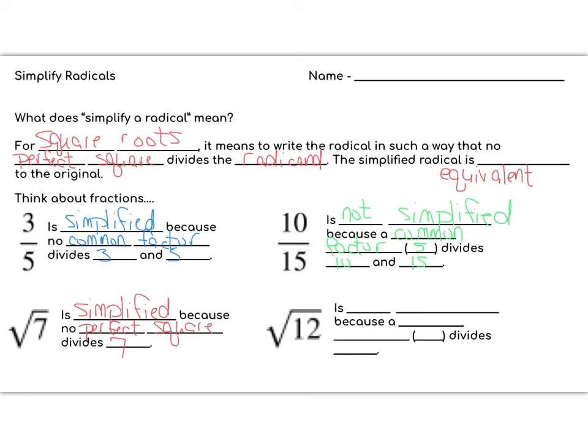But the square root of 12 is not simplified because a perfect square, 4, divides 12. Since 12 is 4 times 3, that radical is said to be not simplified.